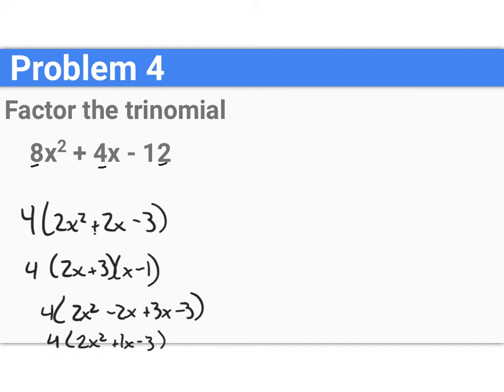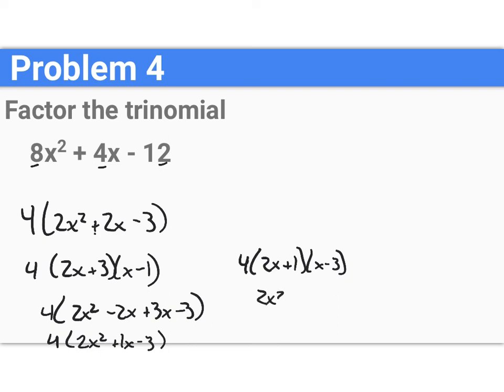So let us try 4 times the quantity 2x plus 1, x minus 3. That's going to give us a negative in the middle.